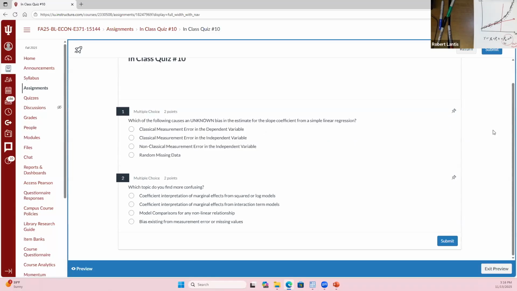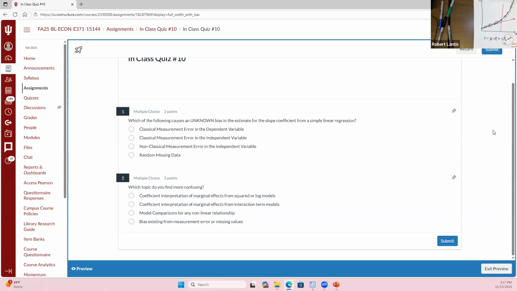We had two types of measurement error, whether it's in the independent or dependent variable. We had classical, which you could think of as completely random, or we had non-classical, which depended on values of X or Y. If I have classical random measurement error, this is not the most technical way of saying it, but usually that is a good thing, in the sense that we can make a statement about it.